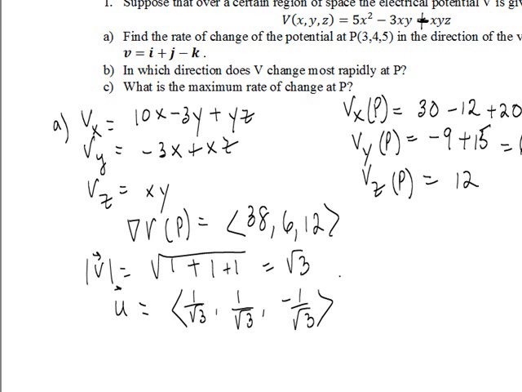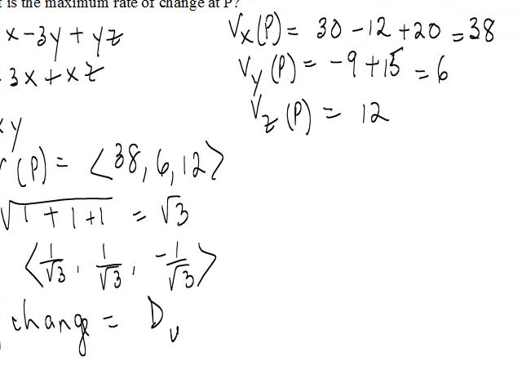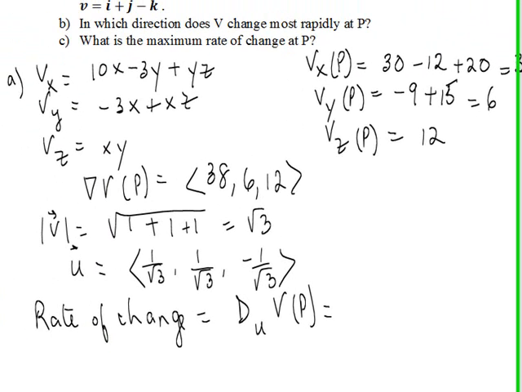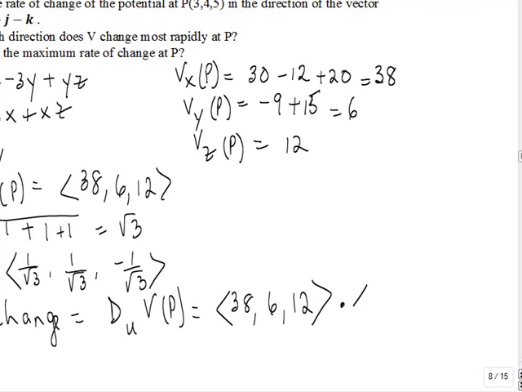And so we are ready to find the rate of change, which is the directional derivative. So the rate of change is equal to D_u V at P, which is the dot product of the gradient <38, 6, 12> with the unit vector <1 over square root 3, 1 over square root 3, minus 1 over square root 3>.